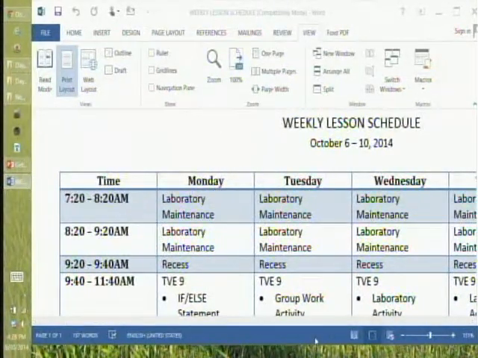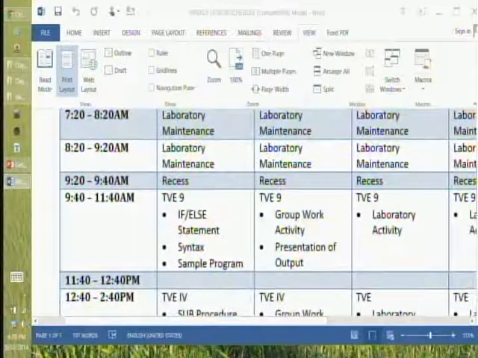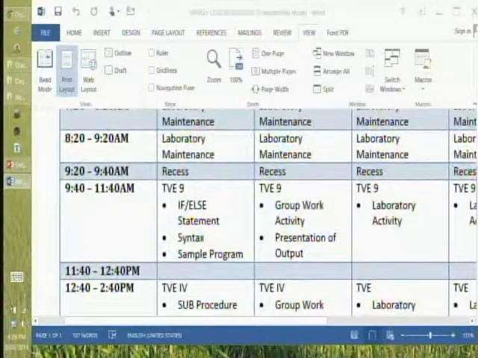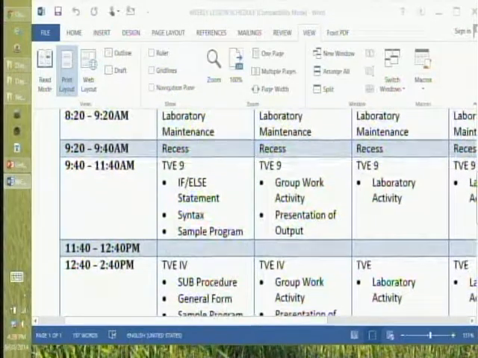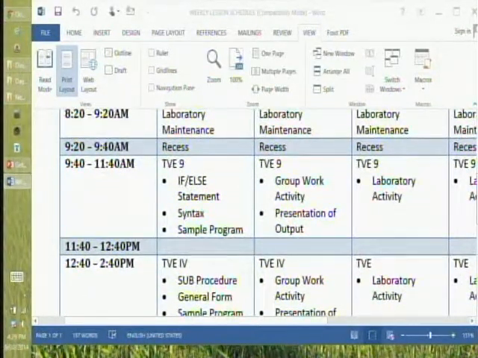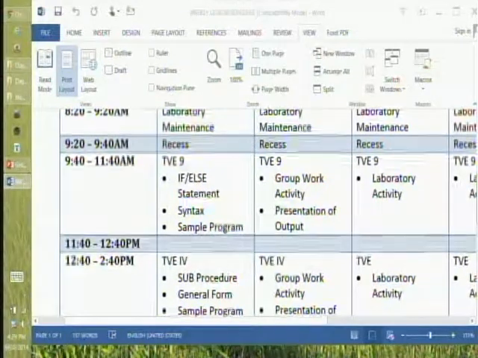The topic is the if-else statement. Underneath, we also have to discuss the syntax or the general format, and present the sample program. And that will be for Monday.